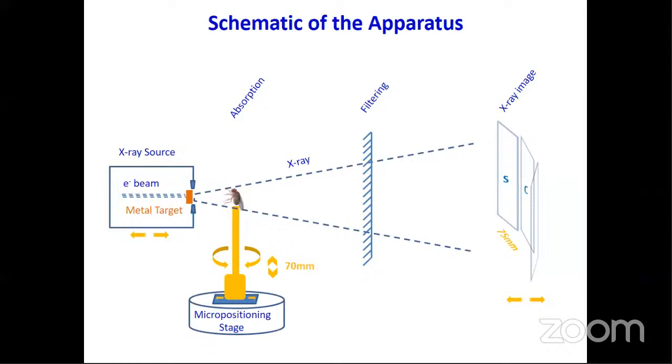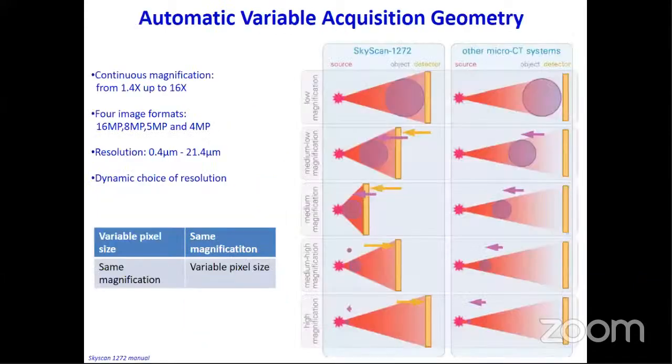With this feature, we next go to what kind of resolution the SkyScan can achieve, and this is done by something called automatic variable acquisition geometry.